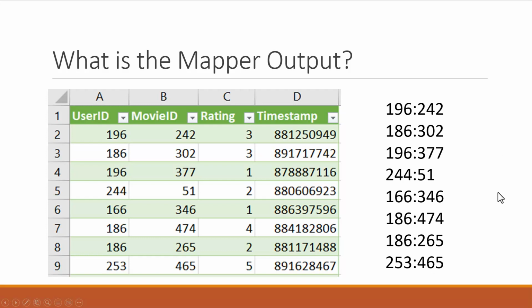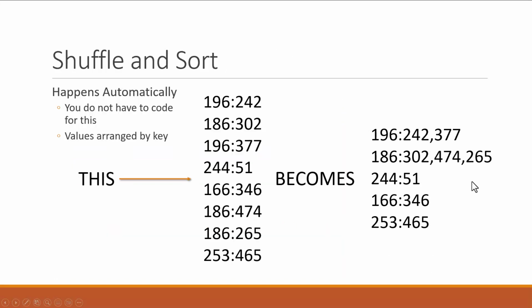User ID and then the movie ID. Now again, you notice that user ID 196 occurs more than once. User ID 186 occurs more than once. So we're going to have to do some additional condensation, right? We're going to have to collapse those values, and that way we can actually do something more meaningful with them.